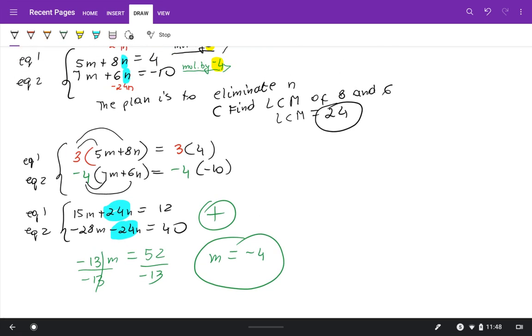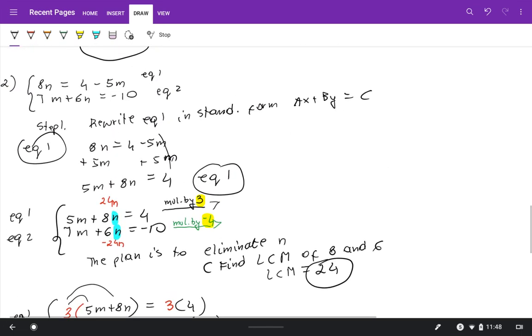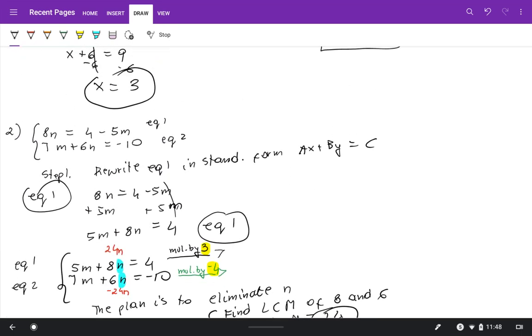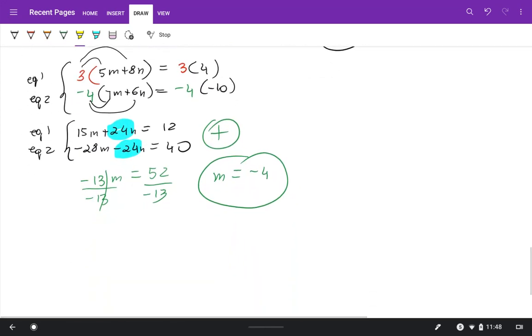So now when you have one of the variables, go back to the original problem. You still have to solve that equation for n. So I'm going to pick original equation 1, replace m with negative 4 and solve for n. You can select equation 2 as well.